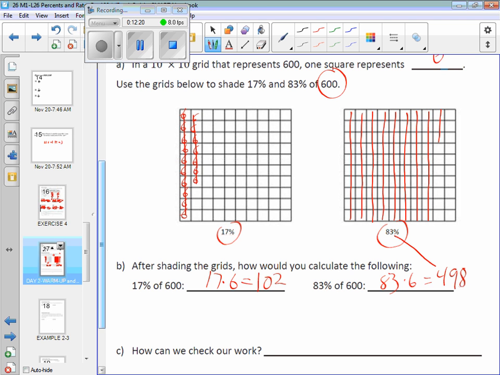And it does: 102 plus 498 is 600. This is one way to do percent of a number.